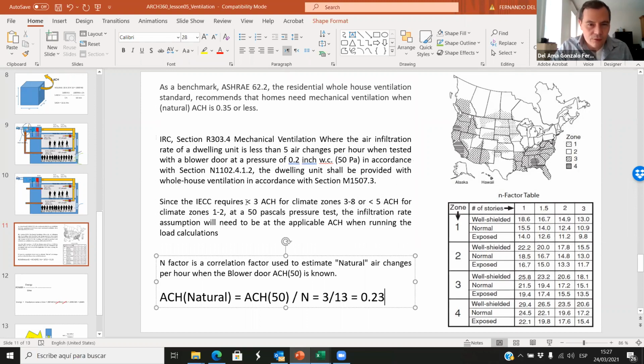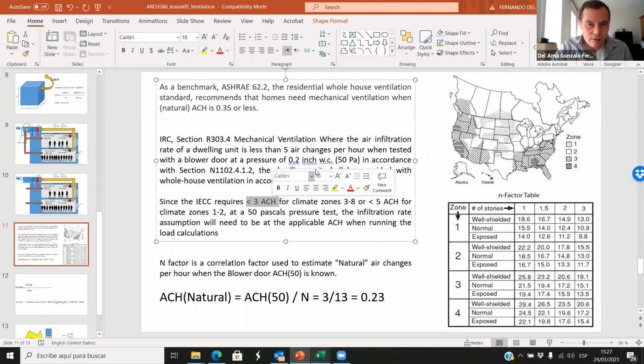So we have a value when we are testing this with a blower door test at 50 pascals. This value can be less than 3. I would use less than 3. And then we have the natural infiltration rate that has to be less than 0.3, 0.35.